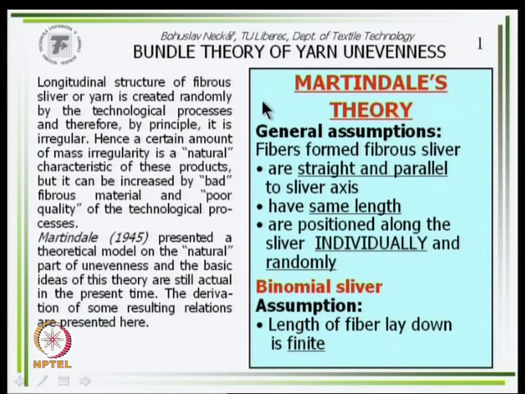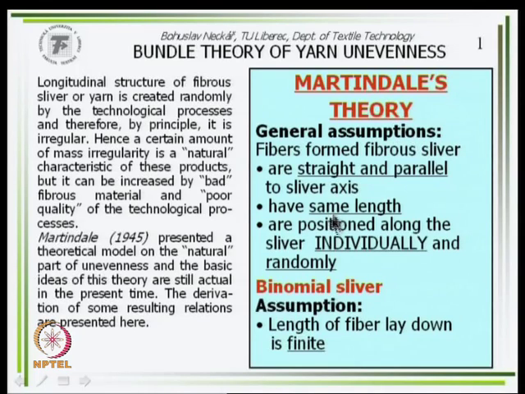Let's start with the easiest version, Martindale's theory. Our general assumptions are the following. All fibers are straight and parallel. Let's imagine it so. Parallel to the sliver axis, of course. All fibers have the same length.